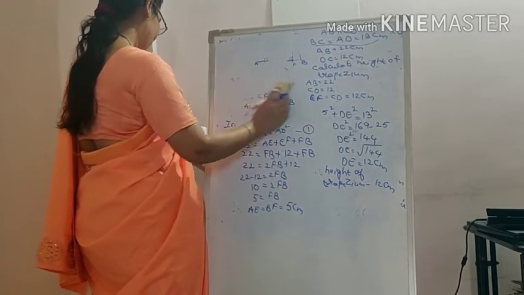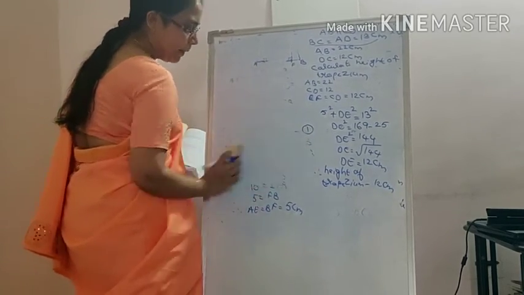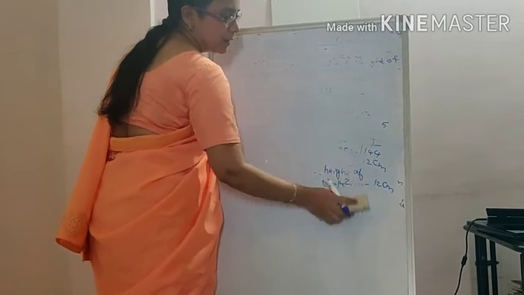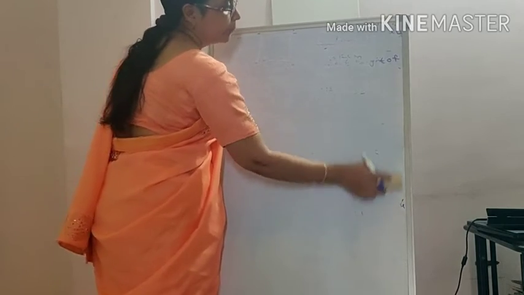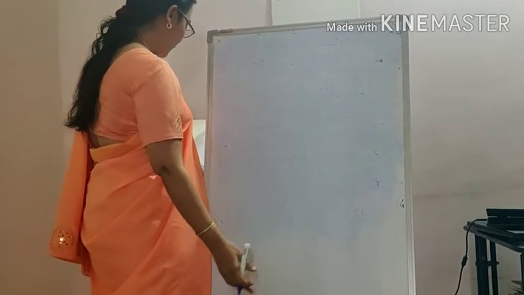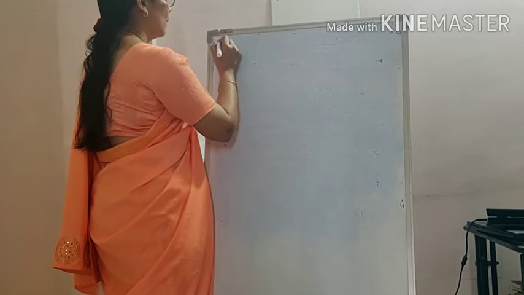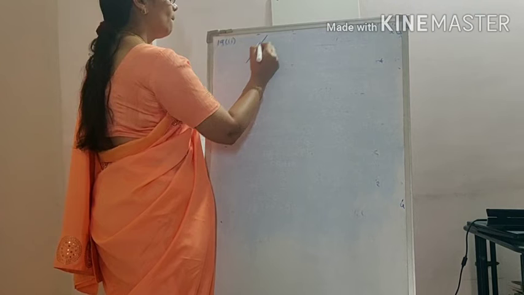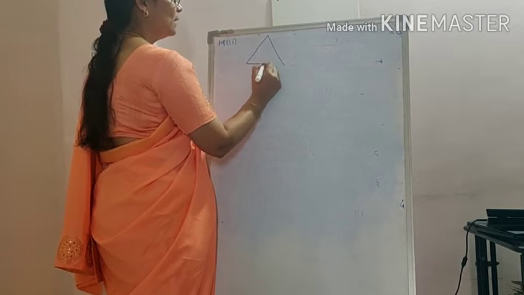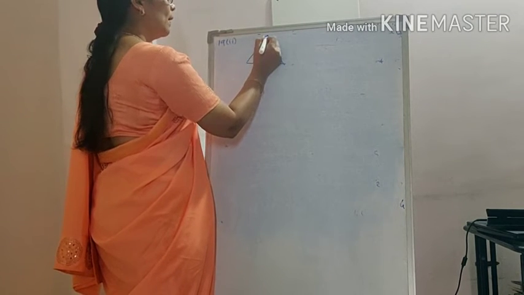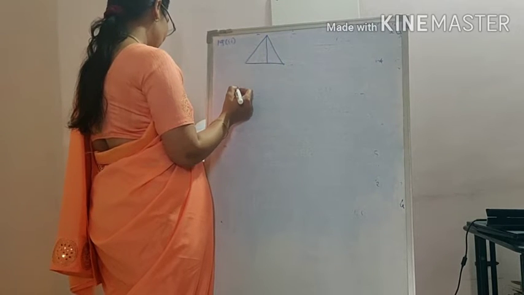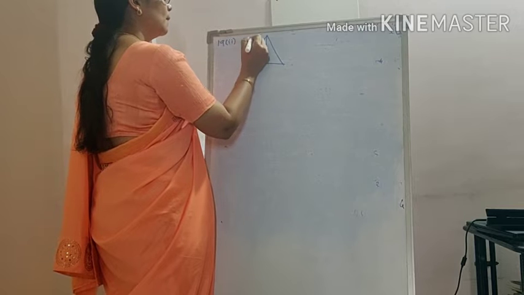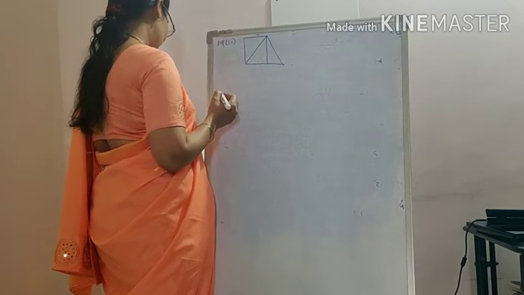We will see one more problem. This is the second part of this question, the 19th question. The figure is as follows. There is a triangle, an altitude being dropped, and from here one more figure.